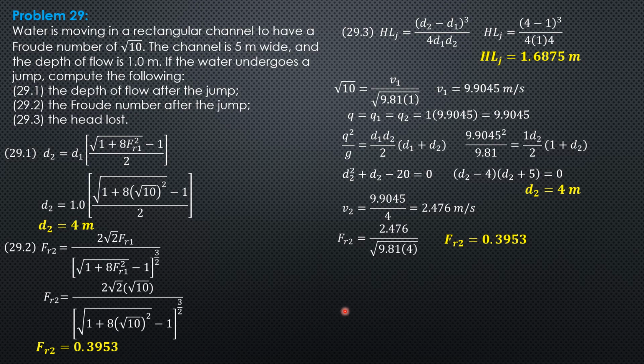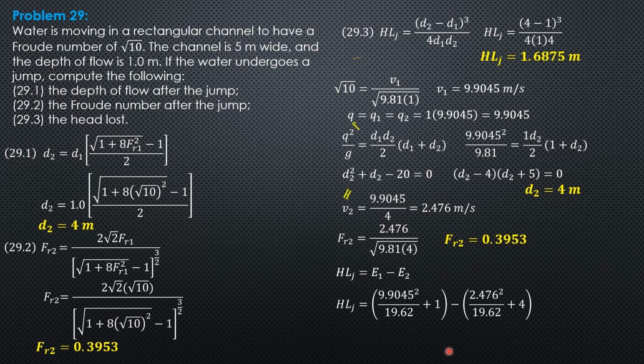And finally, the head loss in the jump is the specific energy at 1 minus the specific energy at 2. Specific energy is velocity head at 1 plus depth 1, minus specific energy at 2, which is velocity head at 2 plus depth 2. So head loss in the jump is 9.9045 squared over 19.62 plus 1, minus 2.476 squared over 19.62 plus 4.